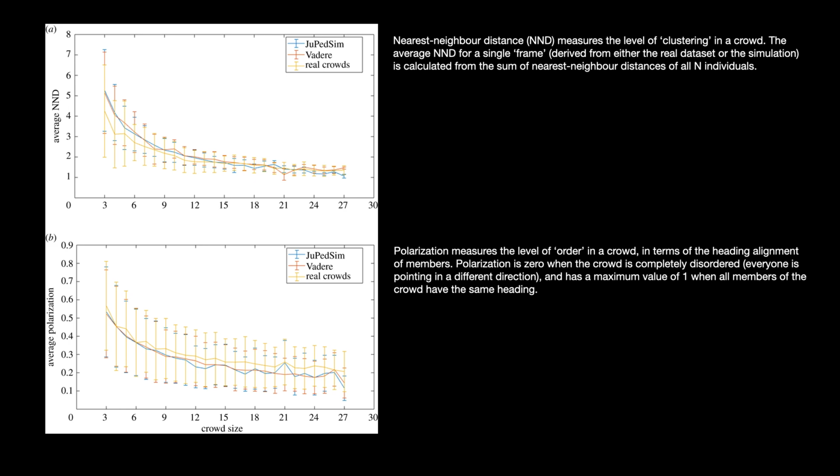We used average nearest neighbour distance, which is a measure of clustering in the crowd, and polarization, which is a measure of order in the crowd. And definitions of both of these are supplied in the paper.